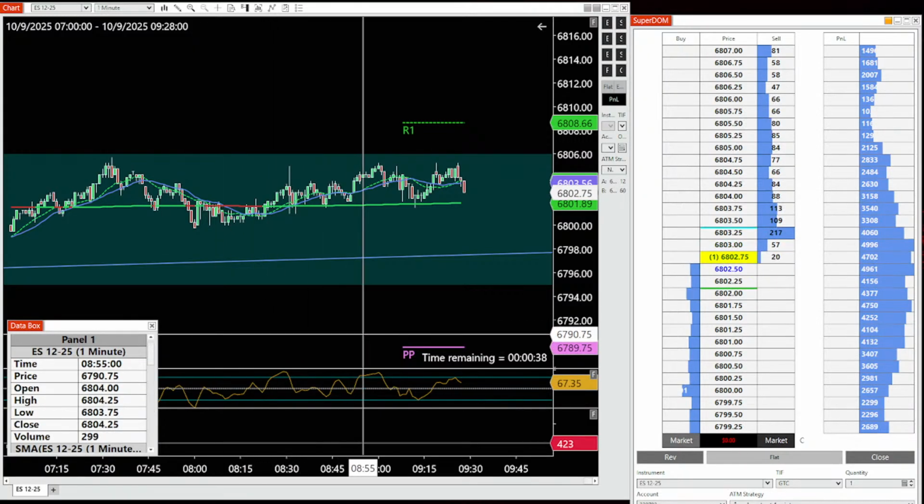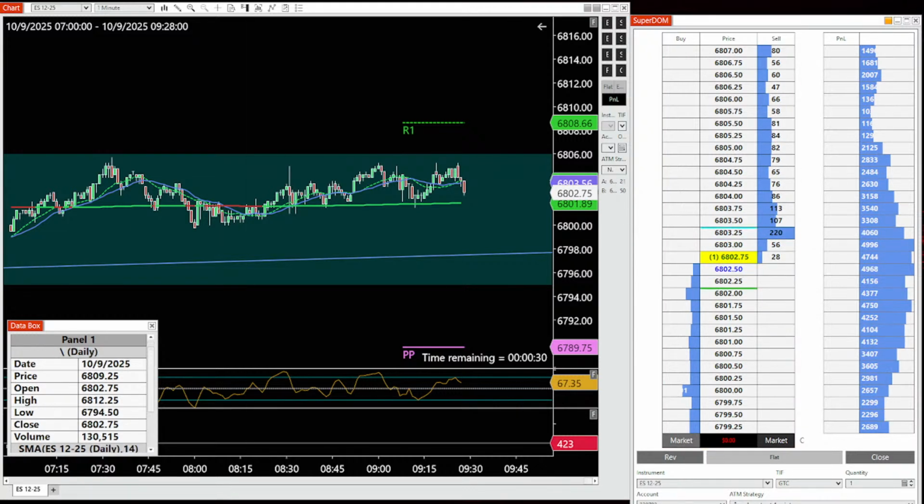Doesn't have to keep going up. 220. They're stacking at 325. They're stacking at 325. 200 at 3 1/4. 230 not getting absorbed.